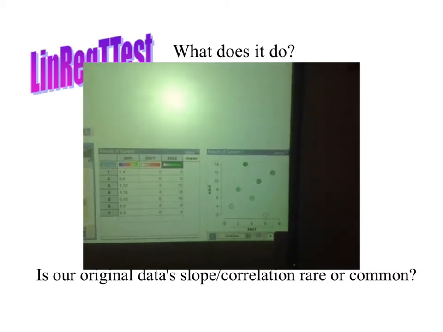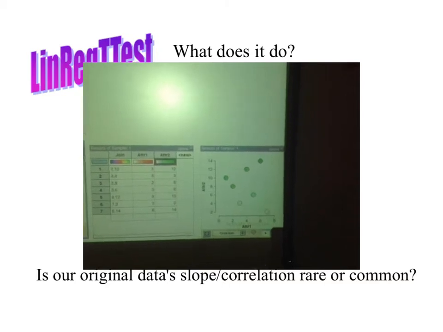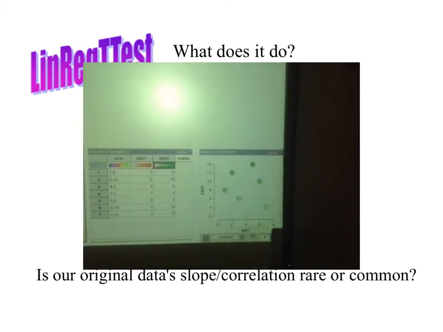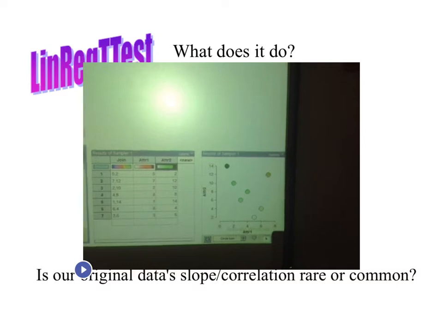Hopefully you get a sense of the fact that the correlation seems to be 0 and the slope is certainly horizontal. So that really brings us to our null hypothesis. The null is that the slope doesn't exist.